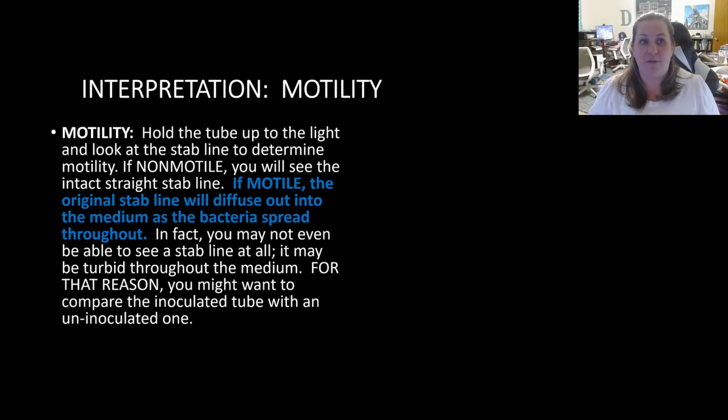There'll be no movement from there. But if motility is present, you will see a kind of clouding of that original stab mark. There's going to be some movement out from there. It's spread out, and that's how you can use the light to help. You may also need one that's not inoculated for a comparison to see if it's cloudy or if it's still more of a clearer color.